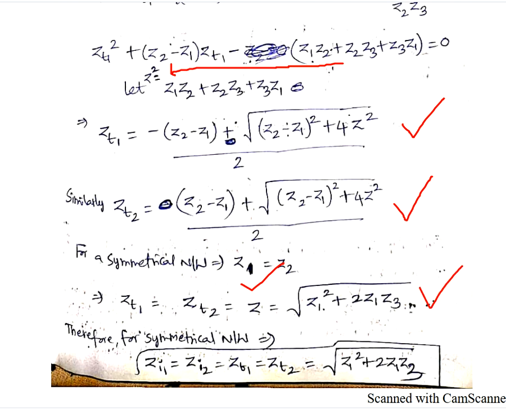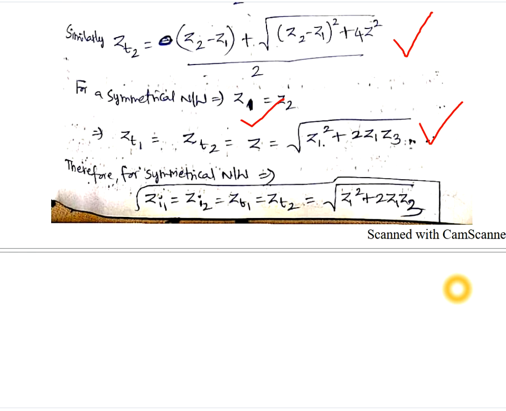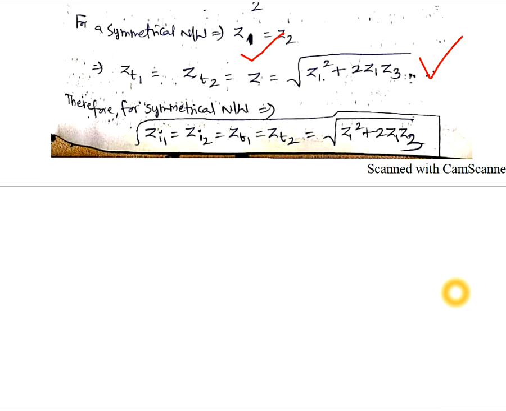That is very important here. So for a symmetrical network, all image impedances as well as iterative impedances become equal. This formula is very important for a symmetrical network, it can be asked in numerical problems. Fine. So this is about iterative impedance.